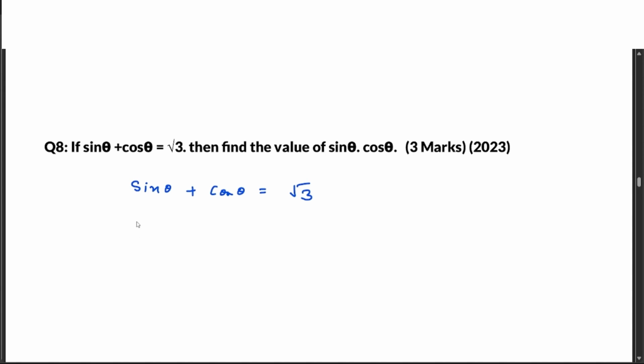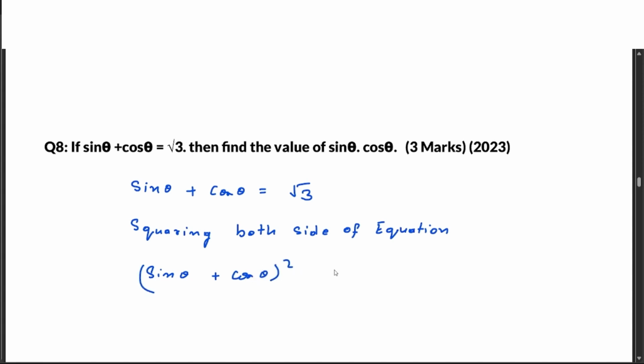Squaring both sides of the equation. After squaring both sides, we can say sine theta plus cos theta whole square is equal to root 3 whole square. So how much will you get here?